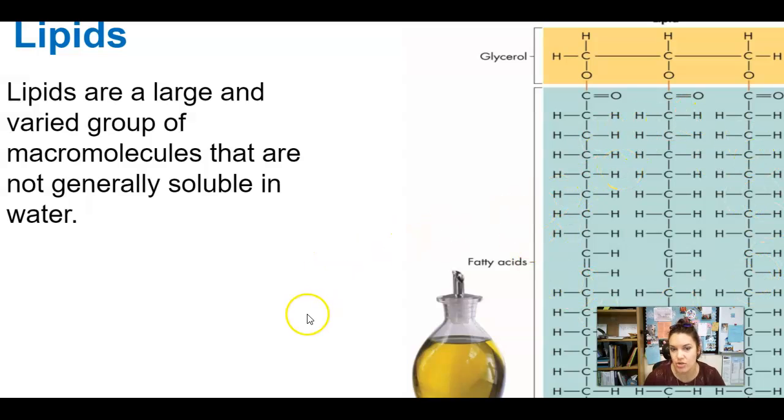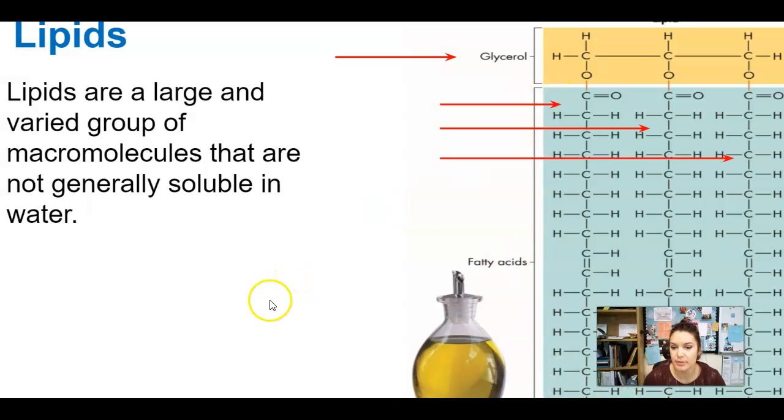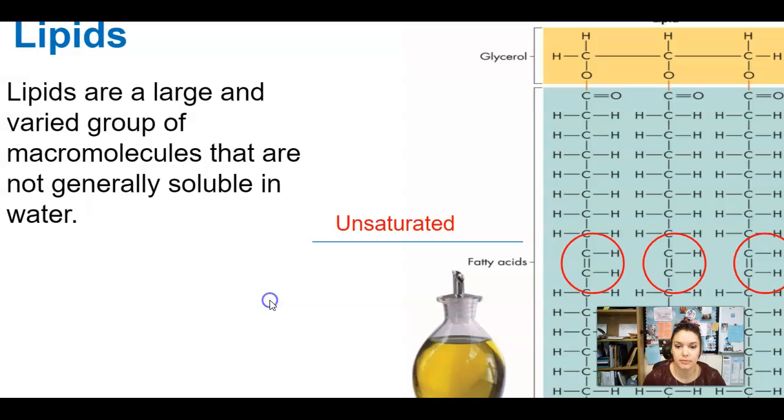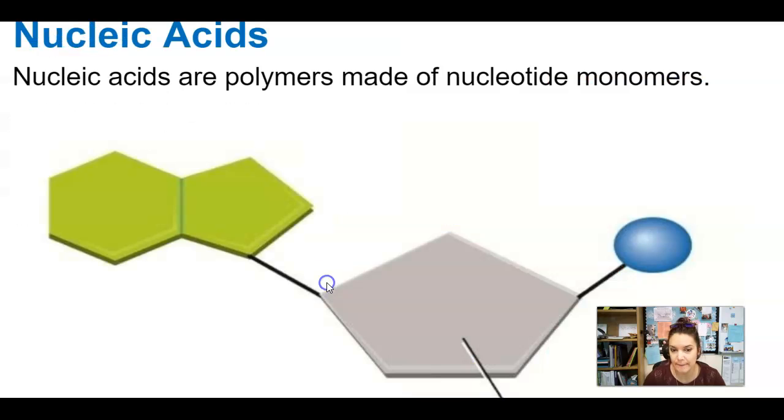It takes a lot of energy in order to break those down. Okay, and this part up here is called the glycerol, and this part is the fatty acid. All right, so this is showing you what an unsaturated fat would look like.